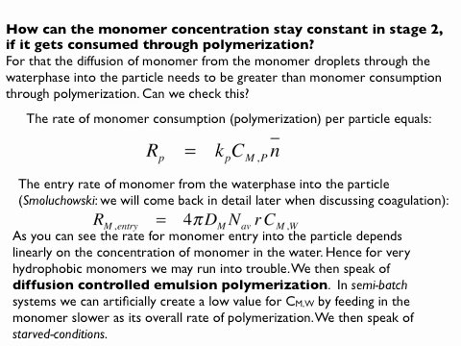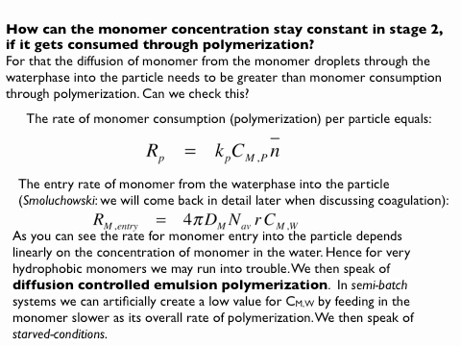You could artificially induce this by not putting in all your monomer from the start at the same time, but feeding it with a pump really slowly. We then speak of starved conditions. If you feed in the monomer at a rate slower than it's consumed, you basically lower all the concentrations. That's called starved conditions.